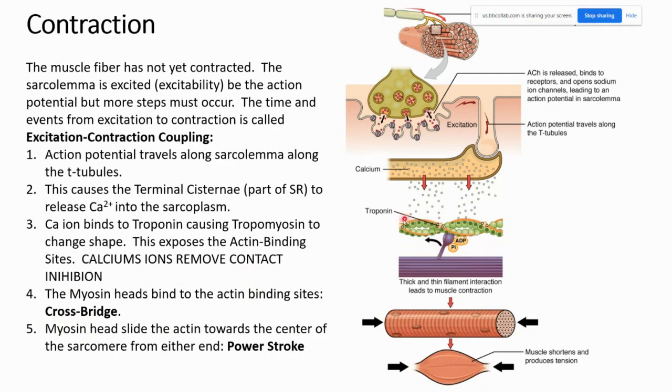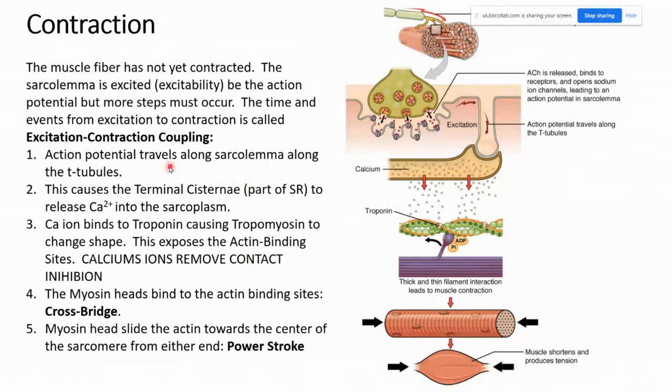So in order to move troponin and tropomyosin out of the way, calcium needs to bind to troponin. Calcium is stored in the sarcoplasmic reticulum until we want to contract our muscles. So when calcium is released, all that blocking gets removed and we can perform the cross bridge and the power stroke. So that's a big story right there.